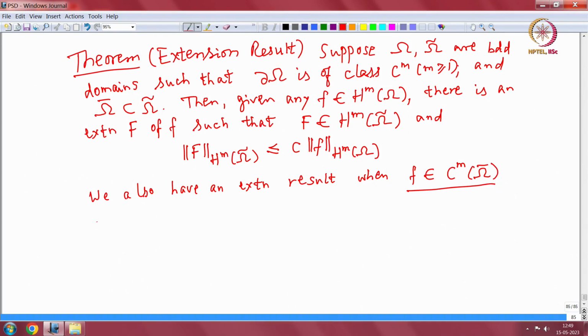In either case, either the smooth case or the non-smooth case, this extension F has compact support in omega tilde.